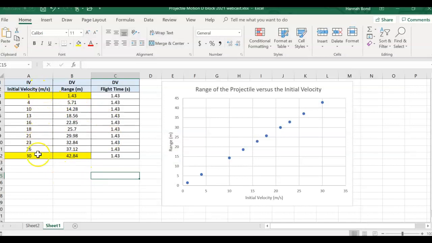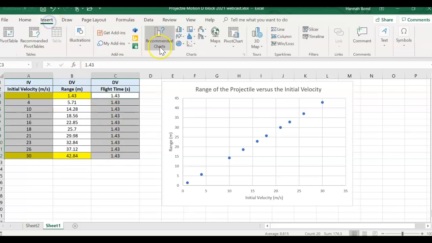Notice that initial velocity is in the column on the left and the flight time is in column C, so they are separated by column B. You could copy these over so they're next to each other, but one way to do this is to highlight all of the cells for the initial velocities, then hold down the control key and select the flight times. Now I have selected these two columns.